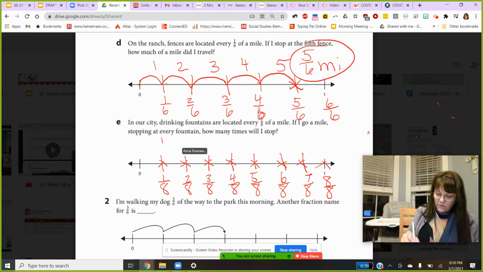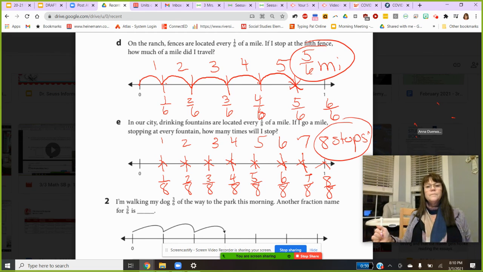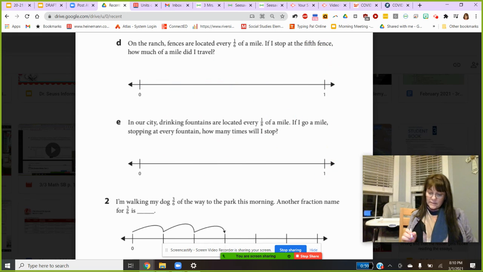So I could actually just number them out to prove that I counted them. So 8 steps. Boom. Eight steps.